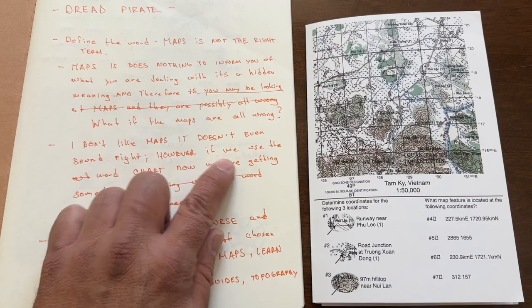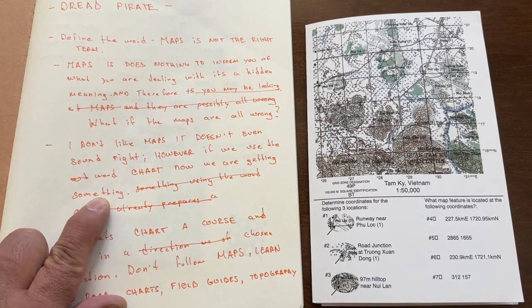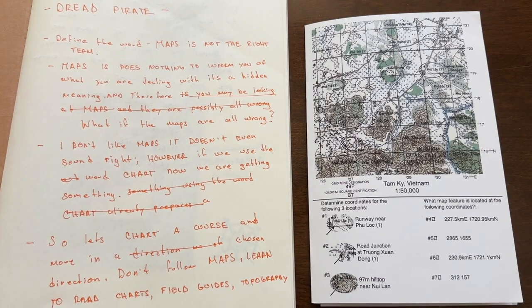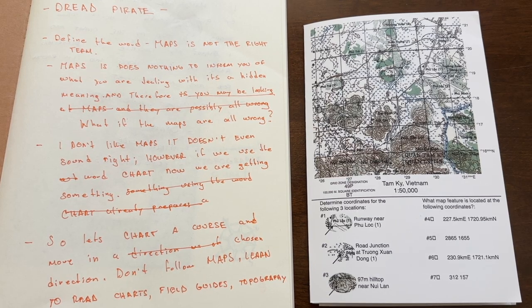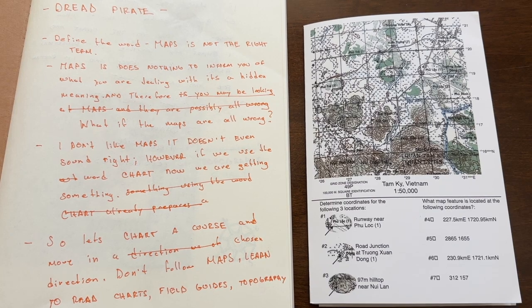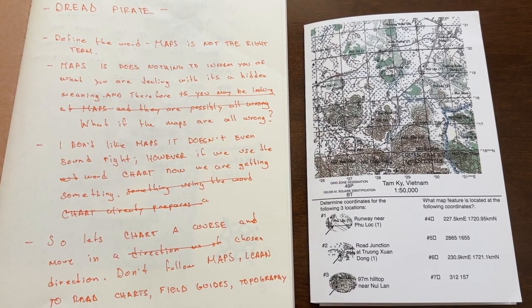However, if we use the word chart, now we're getting something. I asked my wife, what do you think of when you hear the word maps? She's like, a map. I said, okay. What do you think of when I say the word chart? And right away, it just came out: math. She doesn't really like math.